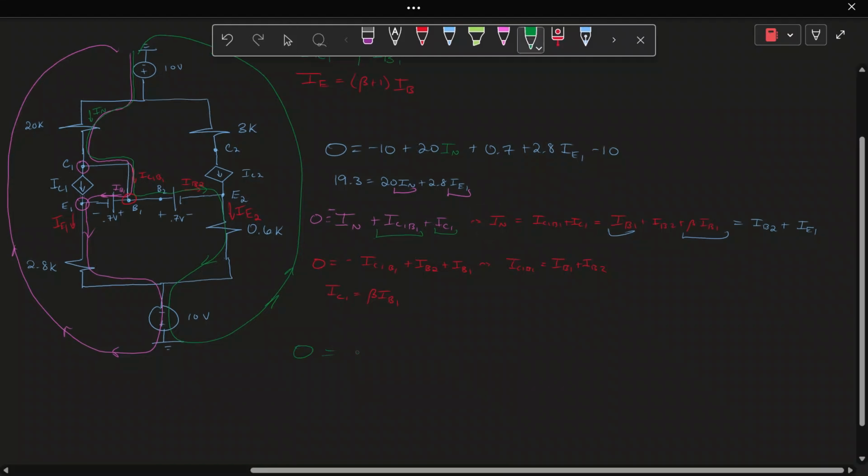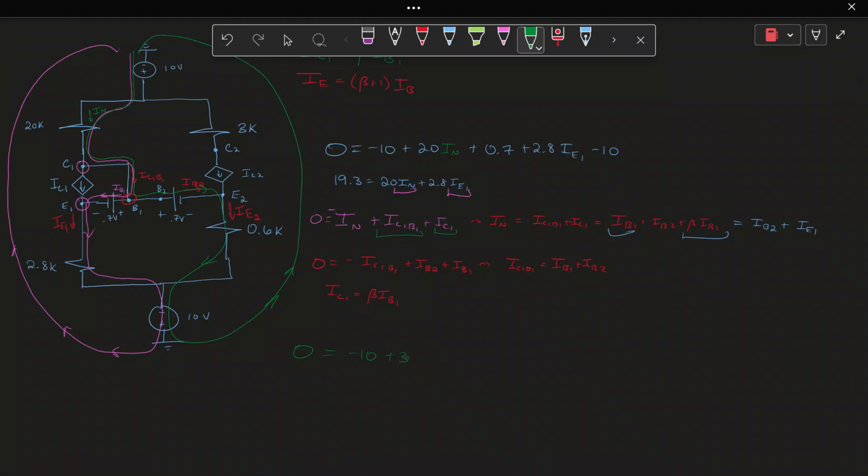Let's start here. 0 is equal to minus 10 plus 3. Oh, sorry, not 3. My bad. Plus 20 IN. And remember, we already have IN initialized as base and emitter currents. So now we do plus 0.7 because we go through the wire. Then we do plus 0.6 IE2.